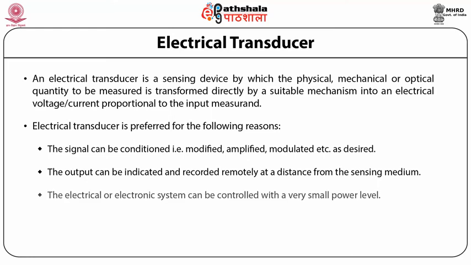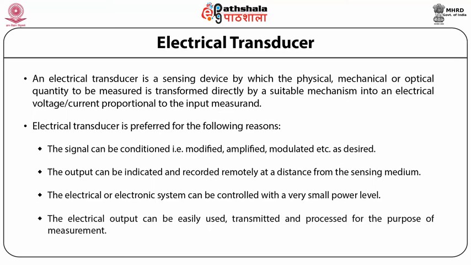Thirdly, the electrical or electronic system can be controlled with a very small power level. Lastly, the electrical output can be easily used, transmitted, and processed for the purpose of measurement.